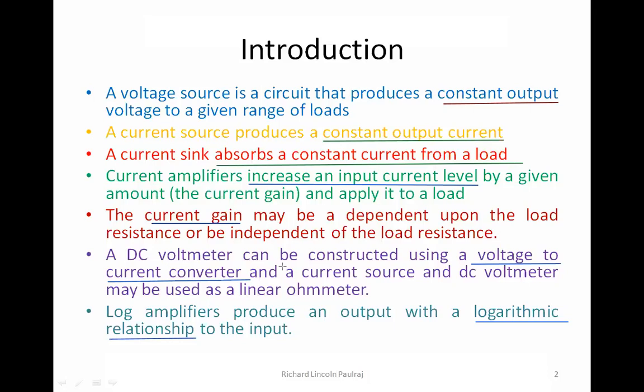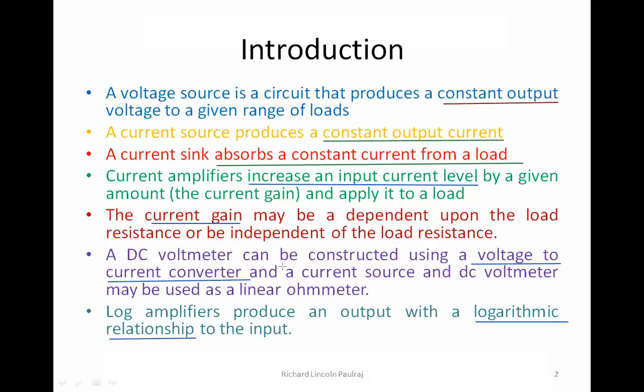Voltage source will have a constant voltage irrespective of how your loads are changing. Similarly, the same thing applies for current source. The current sink will actually take up or absorb all the current, and amplifiers increase the level of currents. Current gain can be designed using op-amp, right?